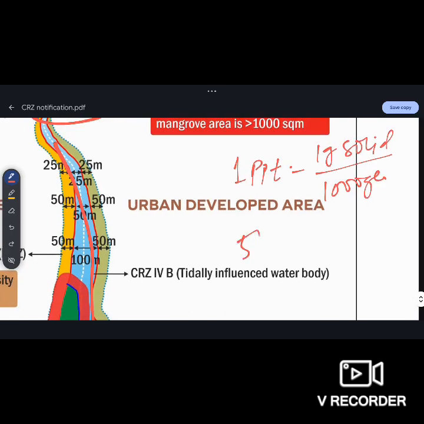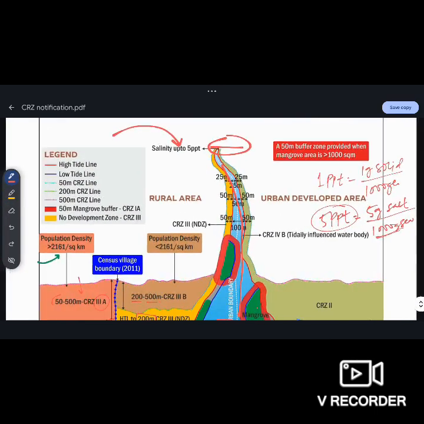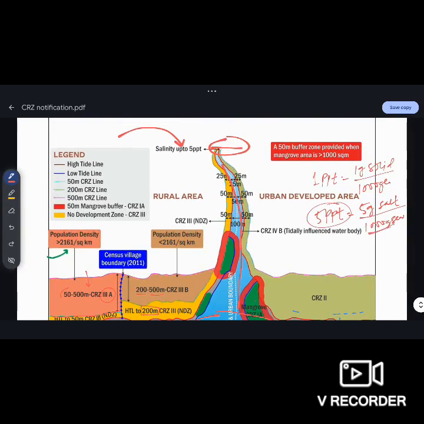So a salinity of 5 ppt means that if you dissolve 5 grams of salt into 1000 grams of seawater, this concentration will be called 5 ppt. So up to this point towards the hinterland side, up to the marking where we find salinity of up to 5 ppt, this will come under the CRZ 4B category.